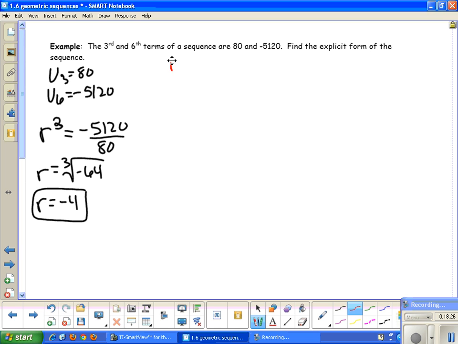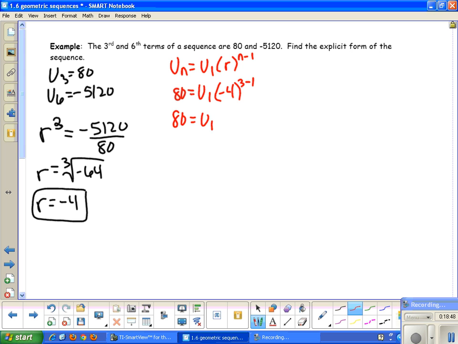So I know my formula is u sub n equals my first term times my common ratio to the n minus 1 power. So in this case, I'm going to use my third term. So 80 is equal to my first term, which we're solving for, times my common ratio -4 to the, we're doing the third term, so 3 minus 1 power.